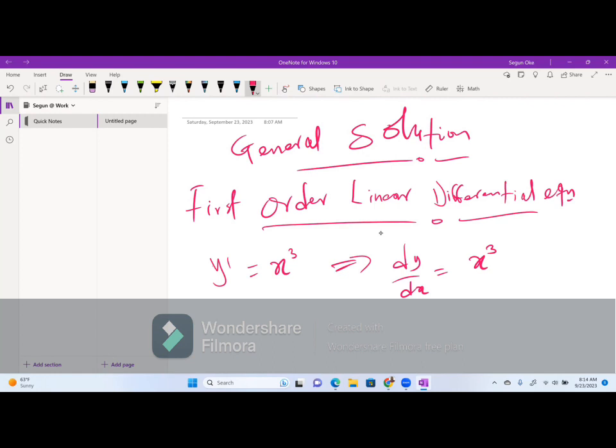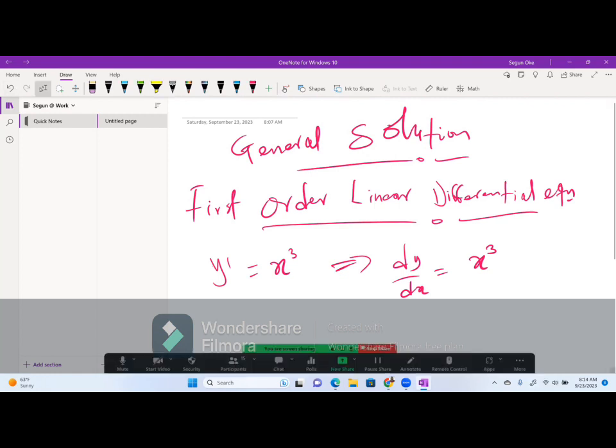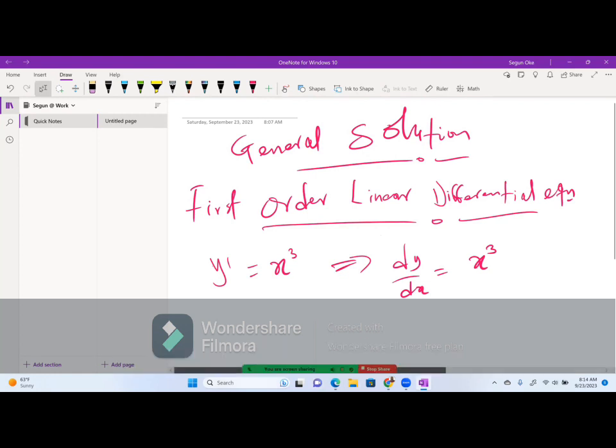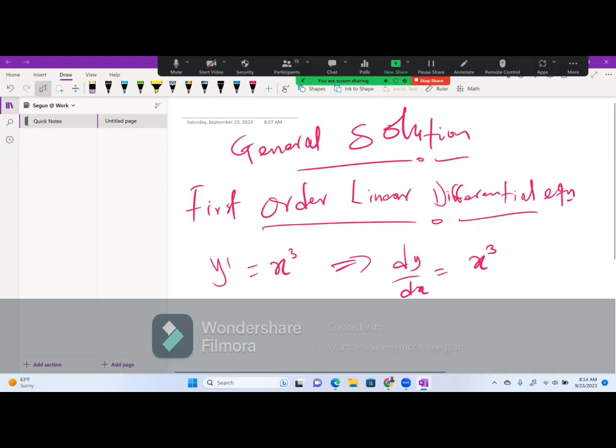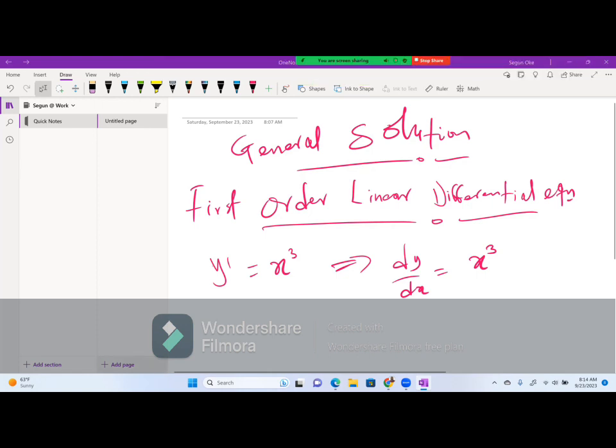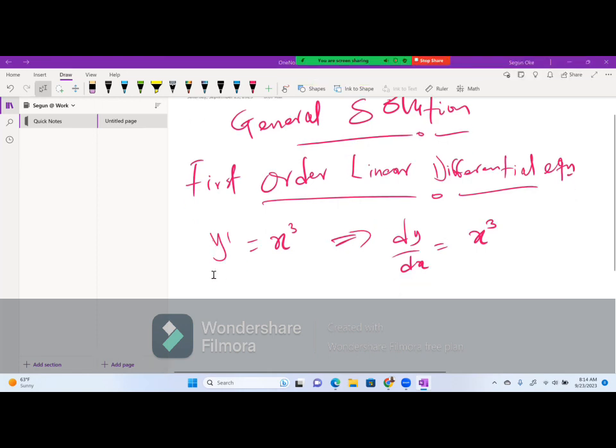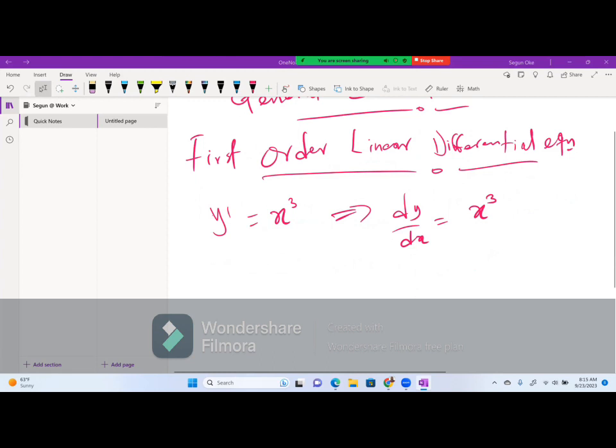Then they can ask you to find your y. If I ask you to find your y, how do we find our y in this case? No, this is not differentiation.